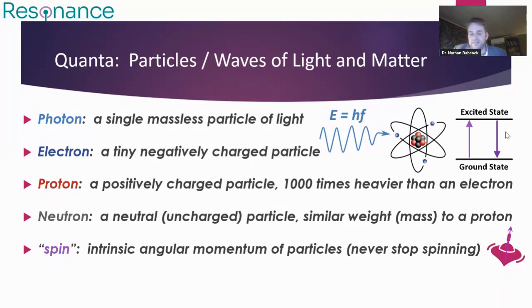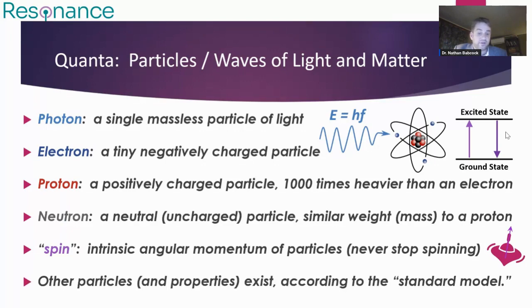Electrons and other particles also have a property called spin, which is the intrinsic angular momentum of a particle. It's kind of like a spinning top if that top could never stop spinning. As the intrinsic angular momentum, the electron cannot be without it. And it is quantized such that the spin can only point in one of two directions along any axis we observe it along, for example, up or down, left or right, forward or back, for an electron, at least.